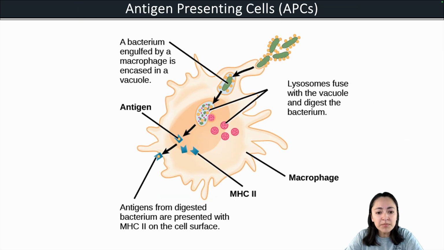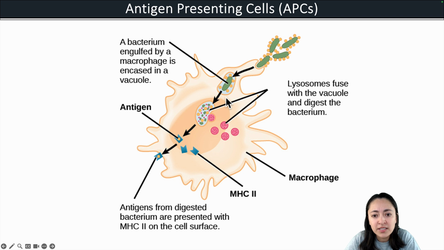So here in this image, you can see how antigen-presenting cells are able to present antigens on these MHC complexes. Here we see an antigen-presenting cell. This is a macrophage. Here we see some bacterium. The bacterium is being engulfed by the macrophage through a process known as phagocytosis.